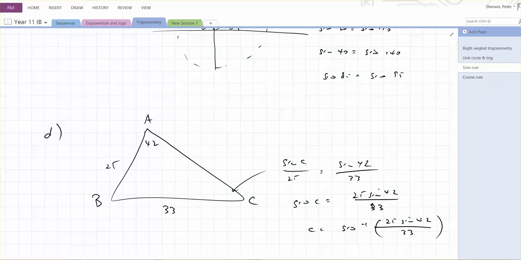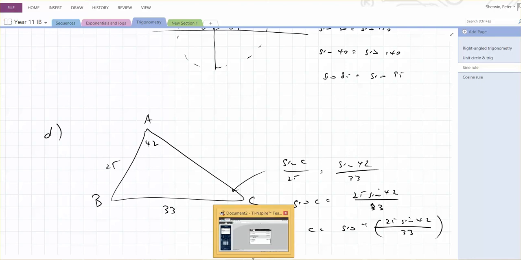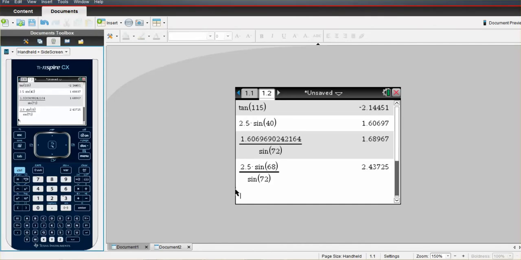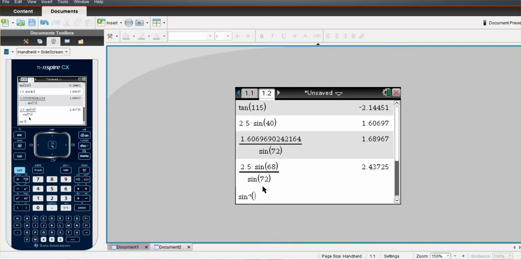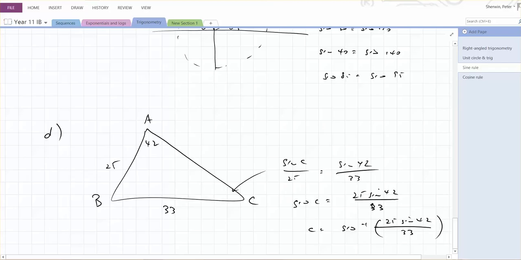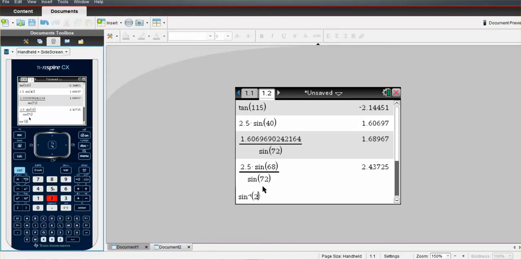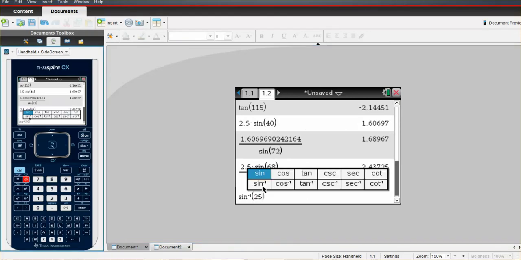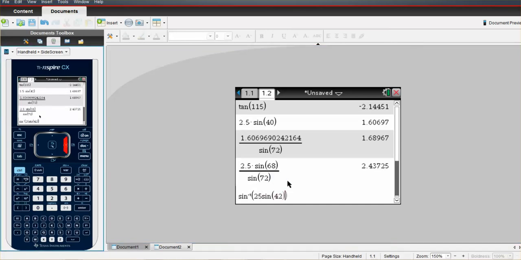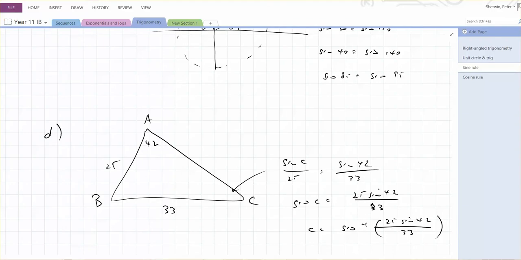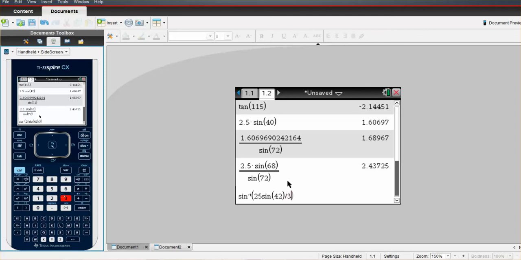So we go to the calculator, sine inverse, trig, sine inverse button. I've forgotten what I'm calculating. 25 sine 42 divided by 33.